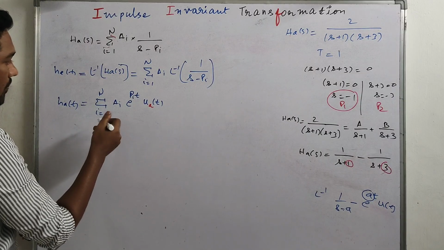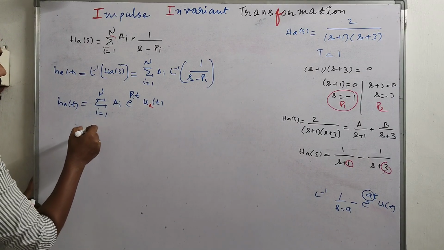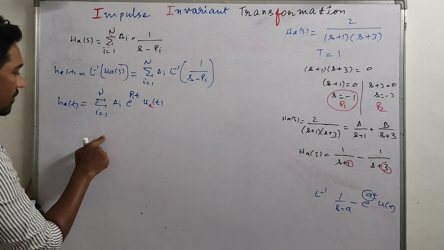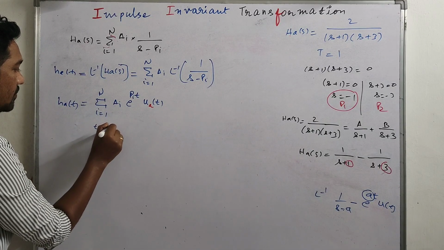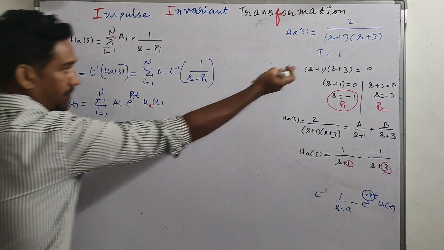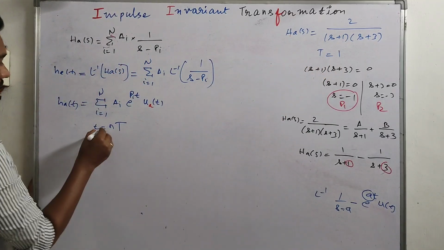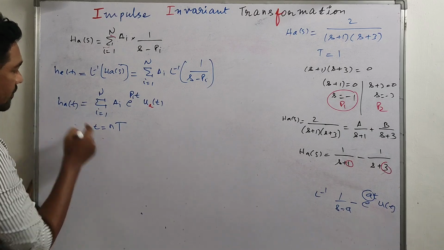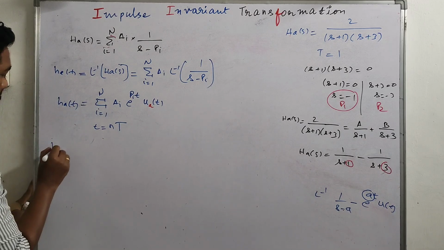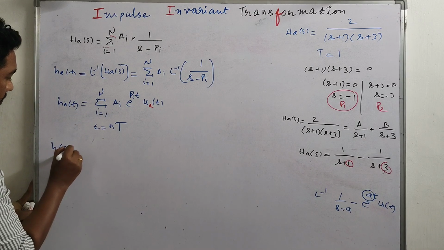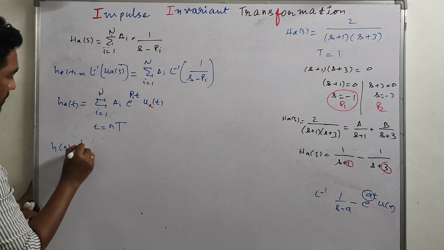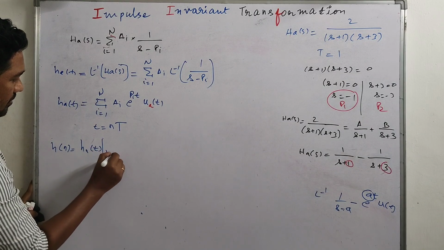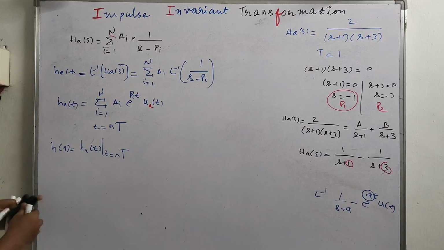Now we have to obtain h(n). How to obtain h(n)? By substituting t equal to nT, where T is specified, we will obtain h(n) from here. So h(n) is obtained from h_a(t) by plugging in t equal to nT.